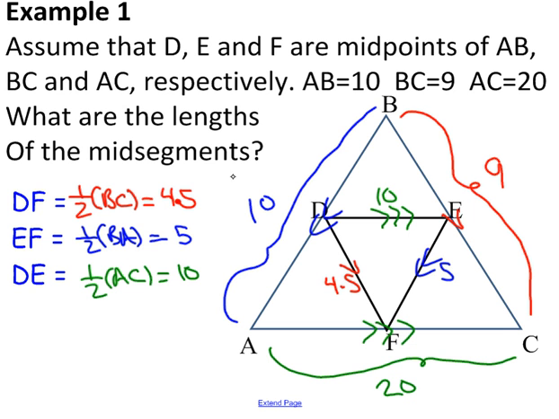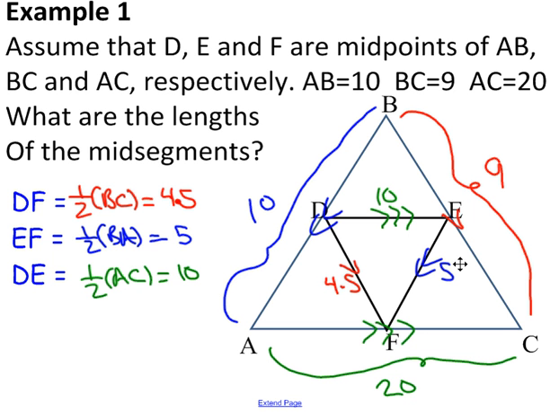Now those are the lengths of the mid-segments, so you have a total of 3 mid-segments in a triangle. And you know, for all triangles, you'll always have a total of 3 mid-segments. All right? Let's go a little deeper into this example.